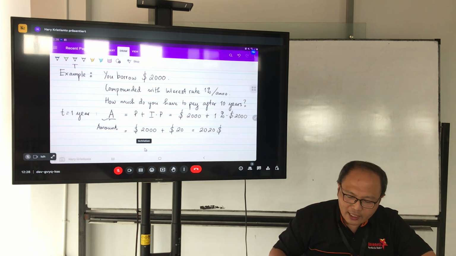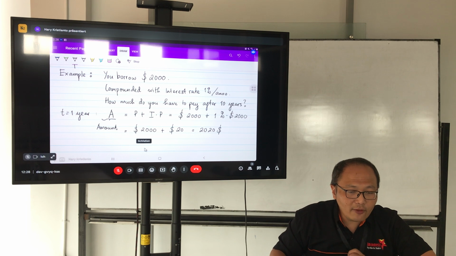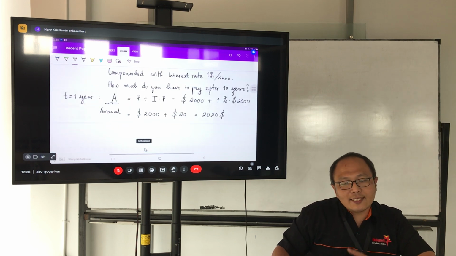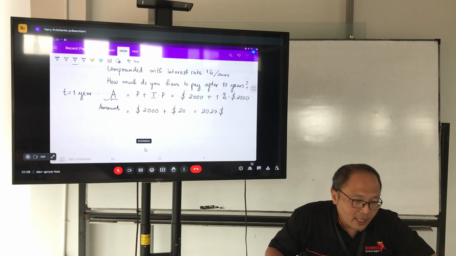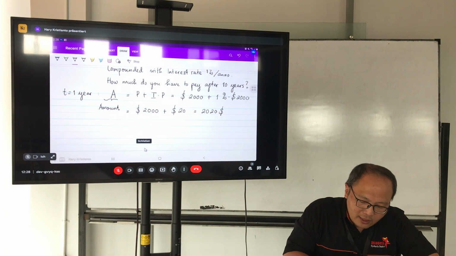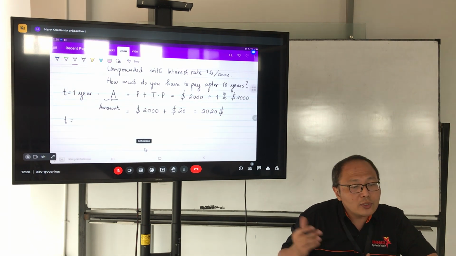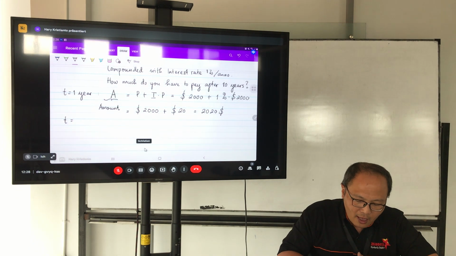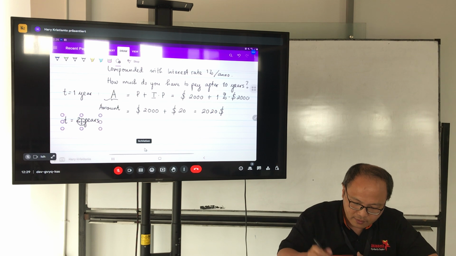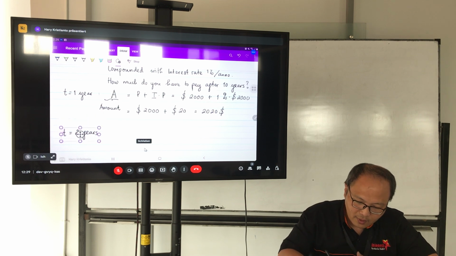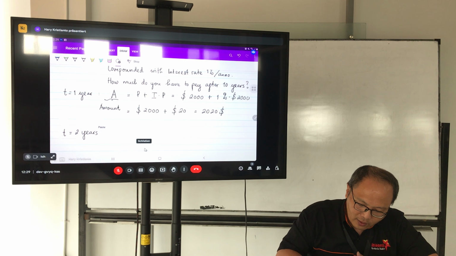Now, starting the second year, you will see that there's a big difference between the simple interest method and compound interest, in borrowing, lending or investing money. After 2 years, the amount of money you need to pay will be based on the new principal.